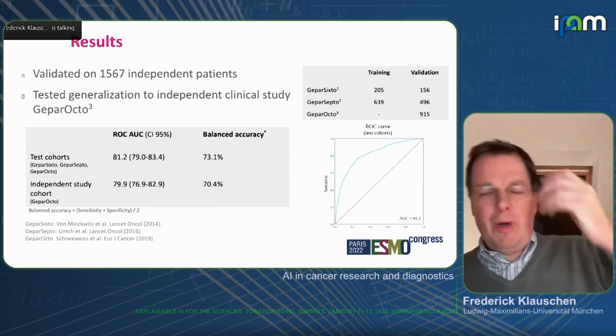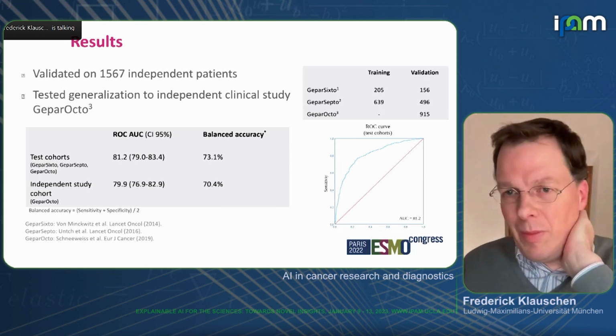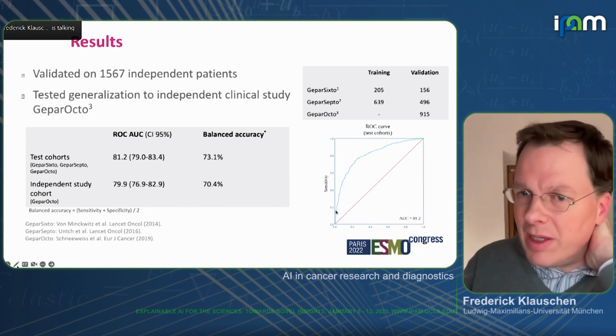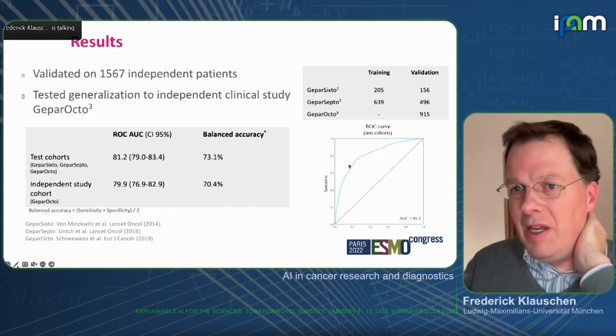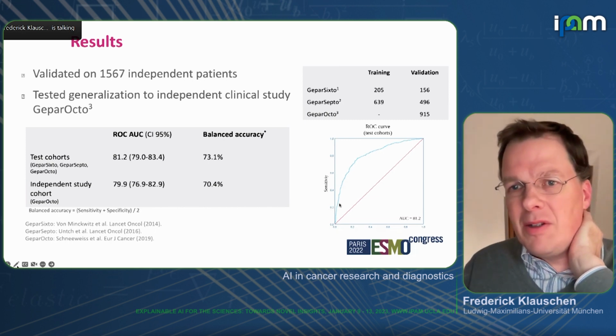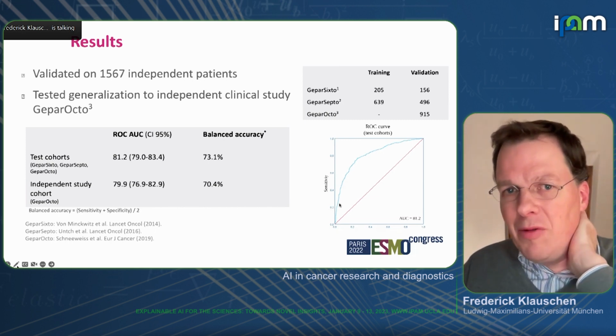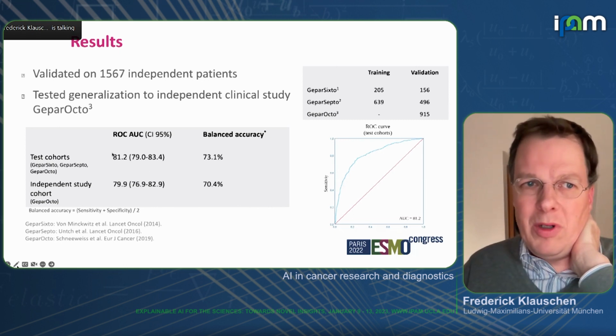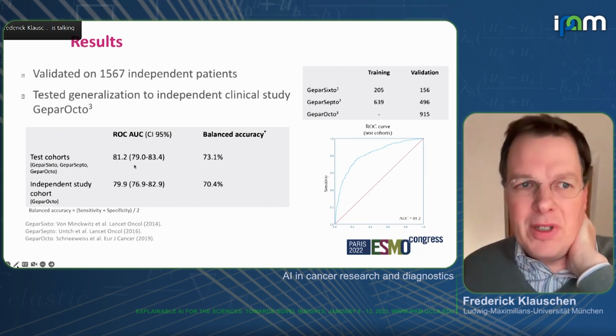And this is also one point I want to mention here, that in many cases, people say, look, if an AI can only do such an ROC curve here, that is not sufficient for routine diagnostics, right? Because we want to get over 99% accuracy.